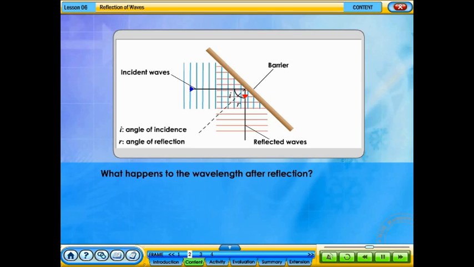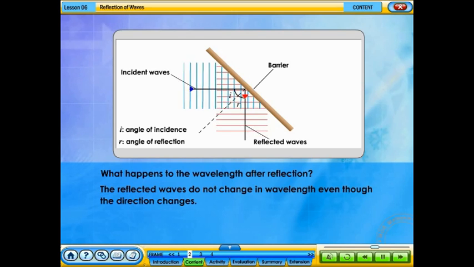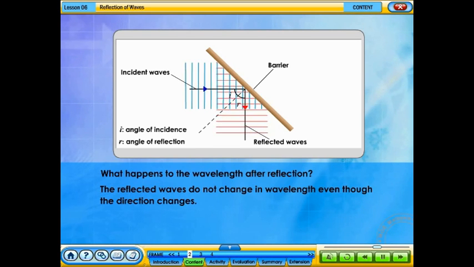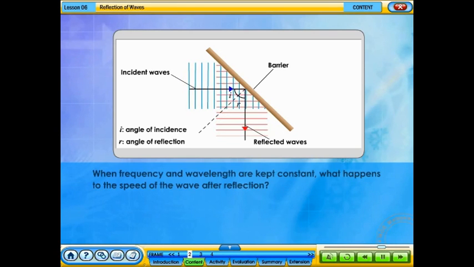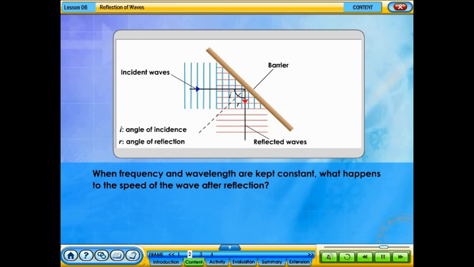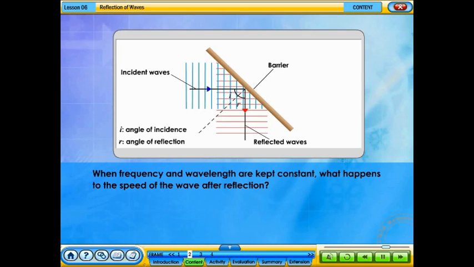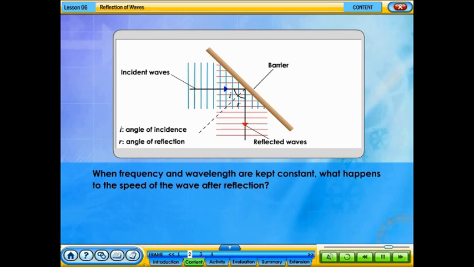What happens to the wavelength after reflection? The reflected waves do not change in wavelength, even though the direction changes. When frequency and wavelength are kept constant, what happens to the speed of the wave after reflection?